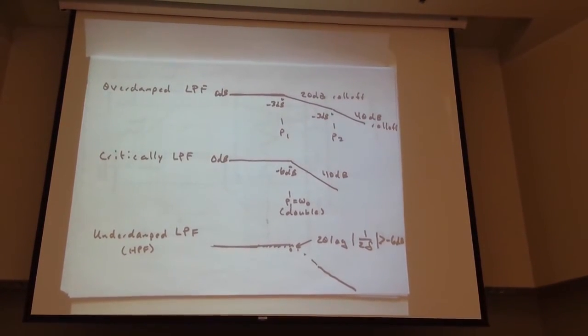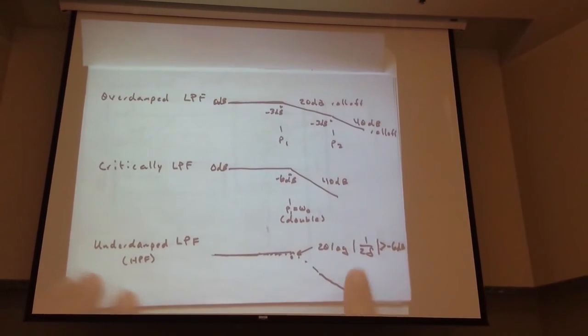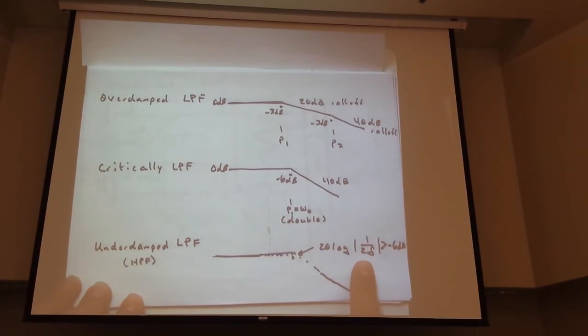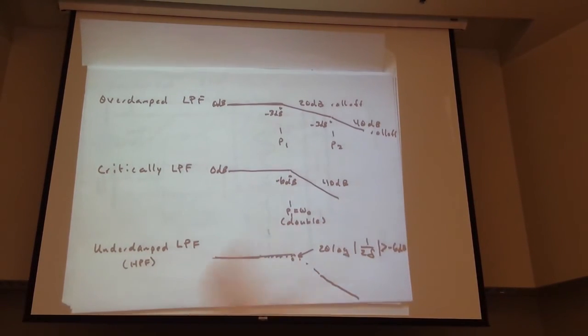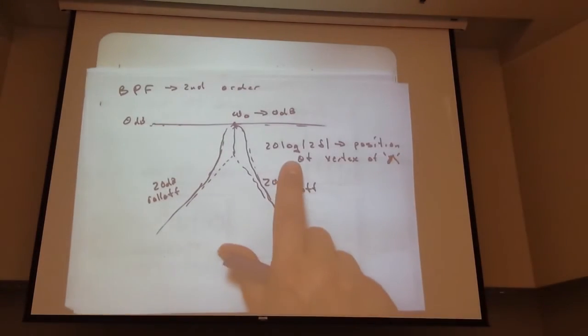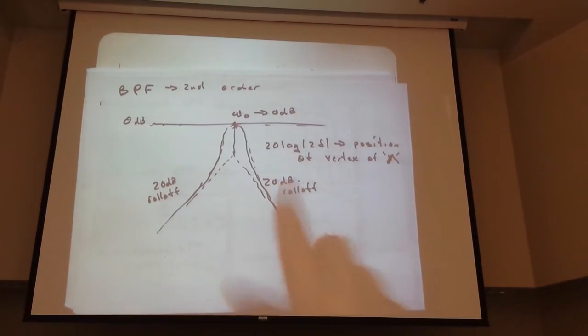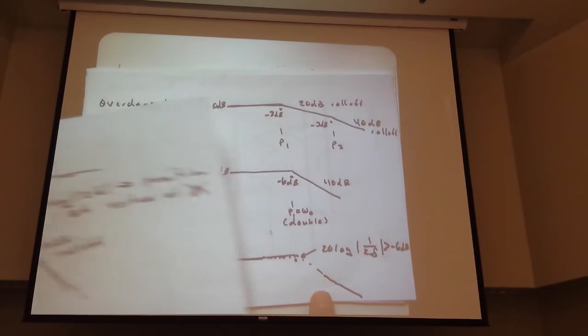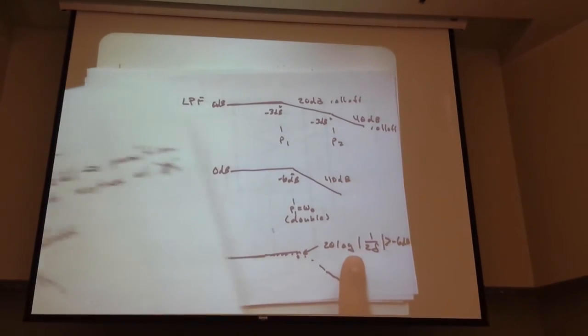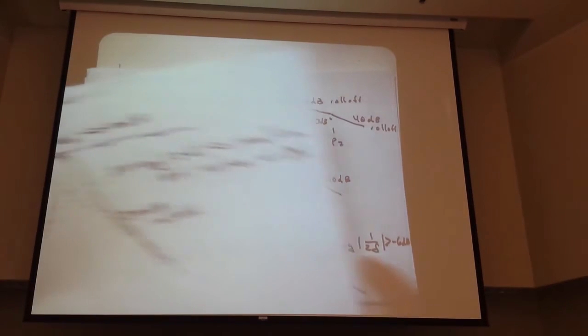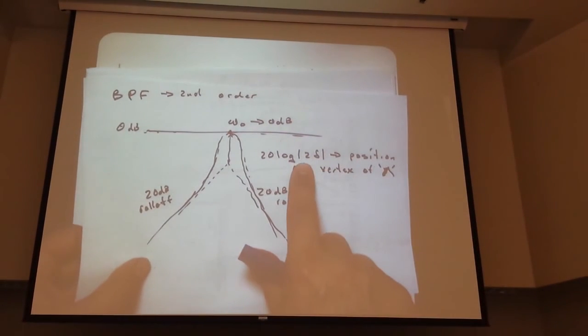It's just that one is the negative of the other. All I've done is take out a few mathematical steps. This is the position of the Bode plot at omega naught for the high pass filter and the low pass filter. In this case, this is the position of the vertex. So we're looking at two different things here. This is the position of the correction to the Bode plot. This is the correction to the vertex.